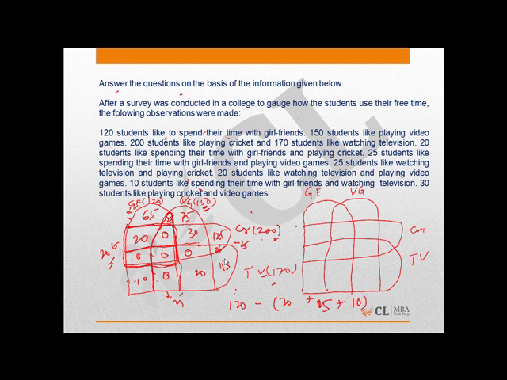Here in the first question, we have to find how many students like playing video game and or cricket but do not like watching television or spending time with their girlfriends. So first of all, take the number of students who like playing video game and those who like playing cricket.